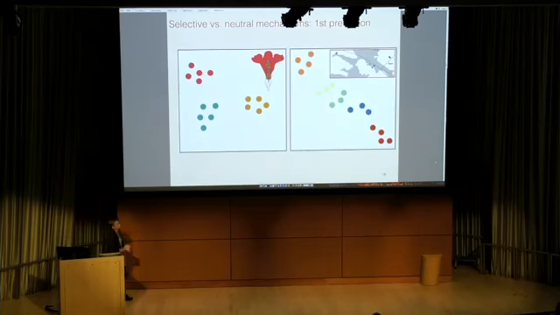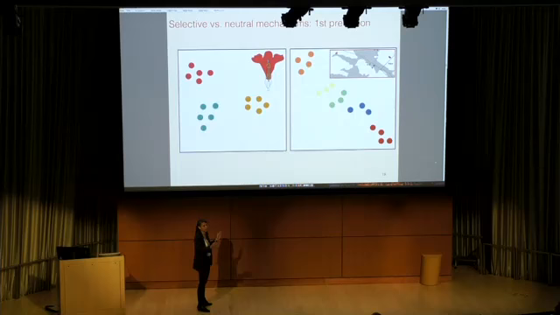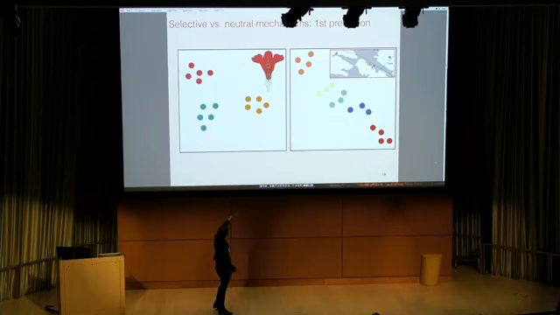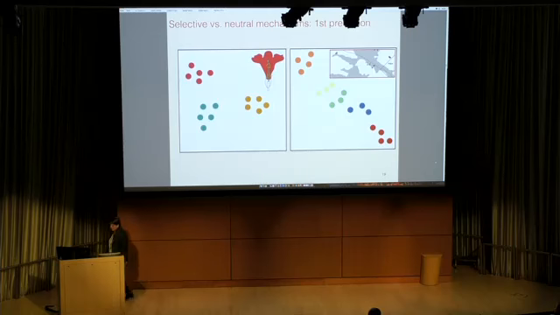Instead, if neutral processes are more important, what we would expect is more of a geographical distribution where things are just more similar to whatever is nearby because of dispersal and drift. So we would expect our community maps to be more or less geographical.